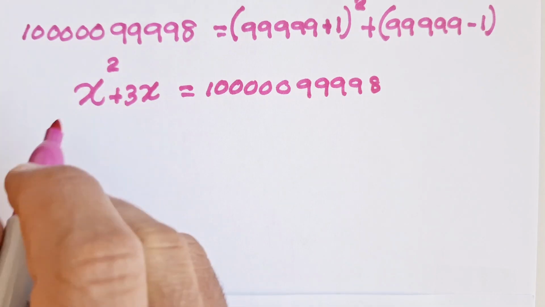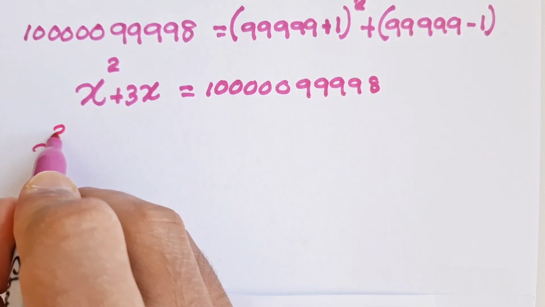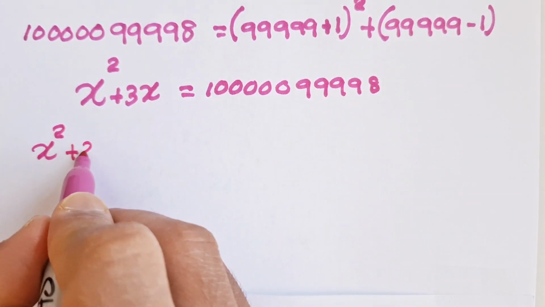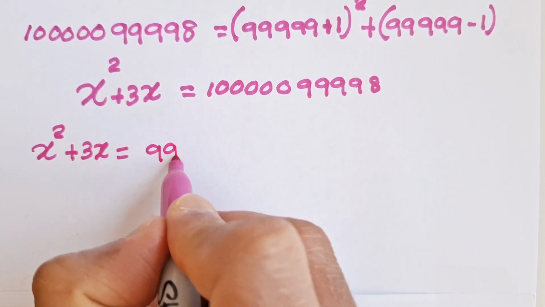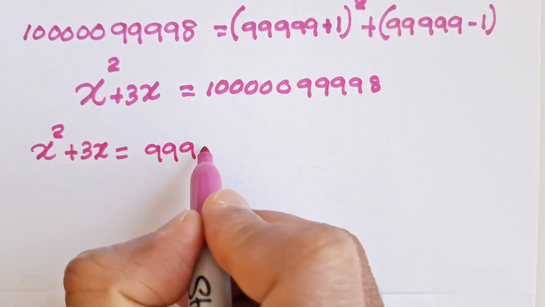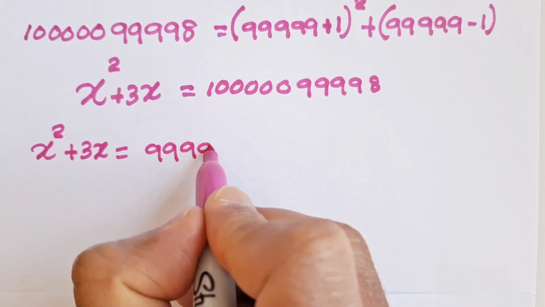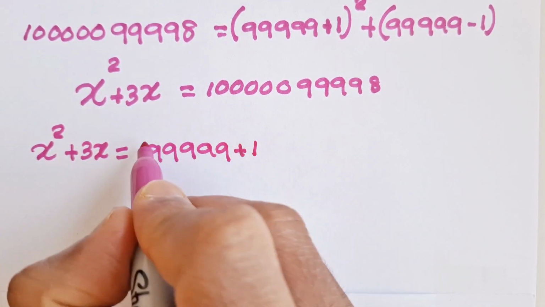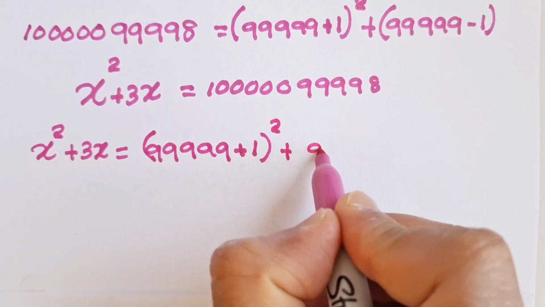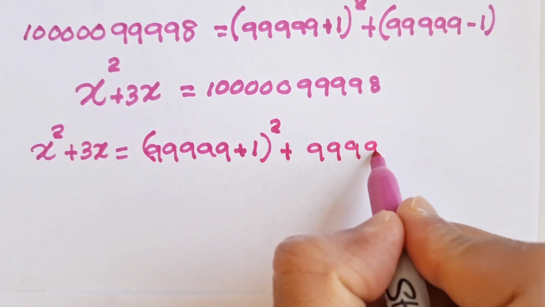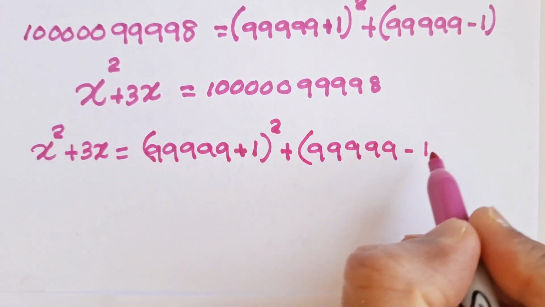Now I can rearrange the equation. x to the power 2 plus 3 times x is equivalent to, for this number I can substitute, (99,999 plus 1) whole squared plus 99,999 minus 1.